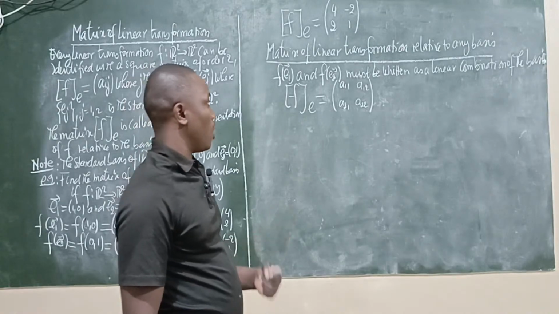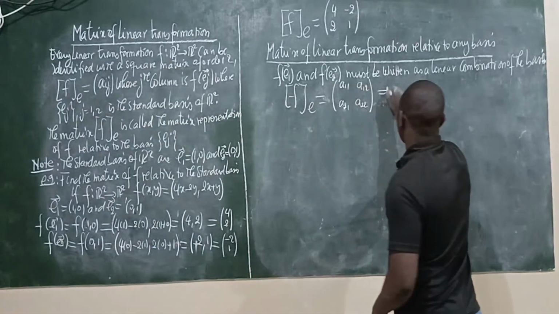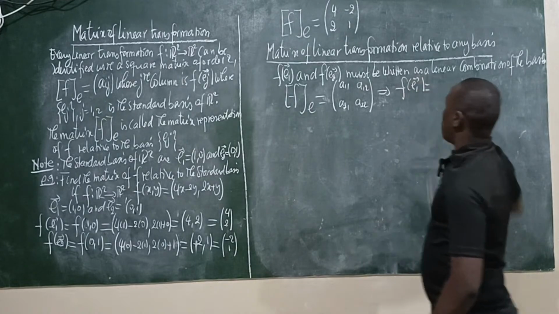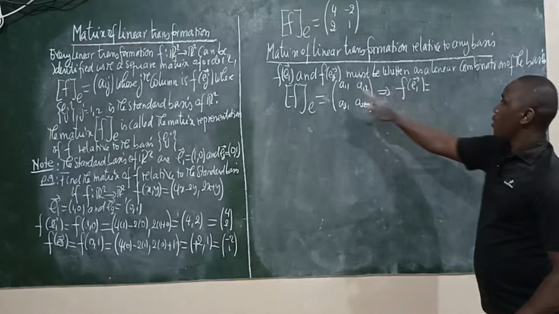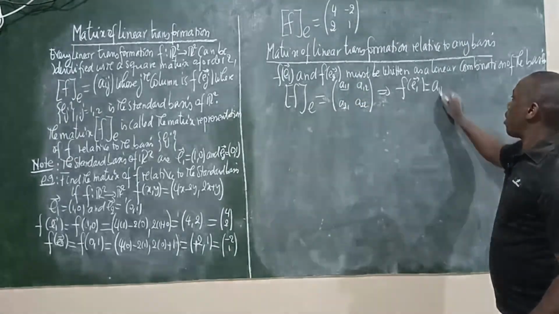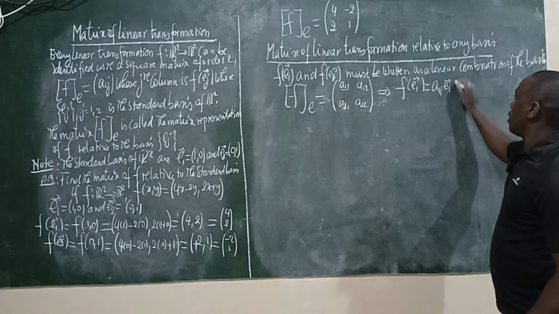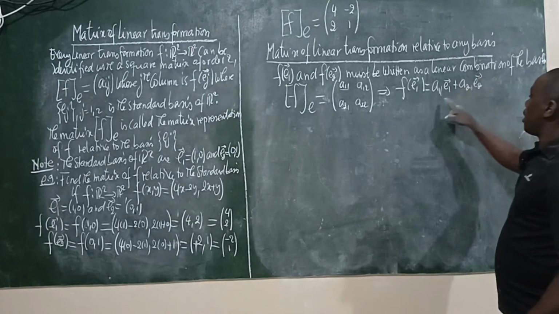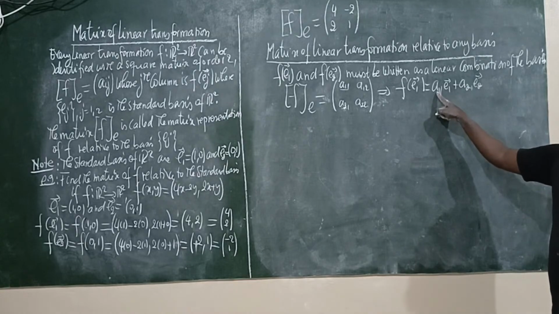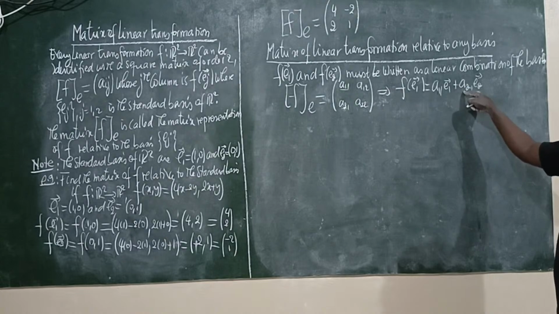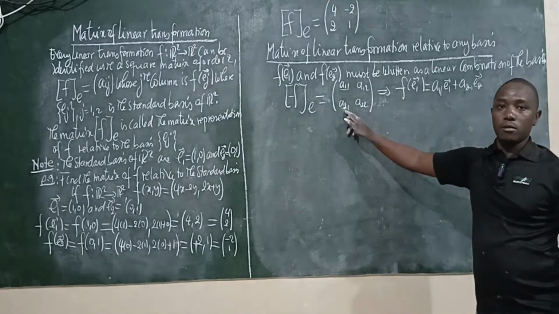So f of e1 must be, we have this and this. We have a11 e1 plus a21 e2. Look for a11 and a21. After getting their values, they will be put here.